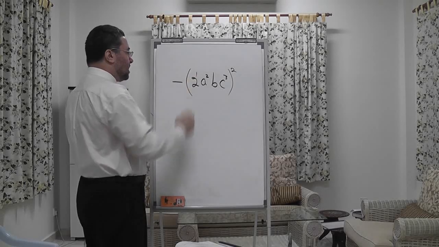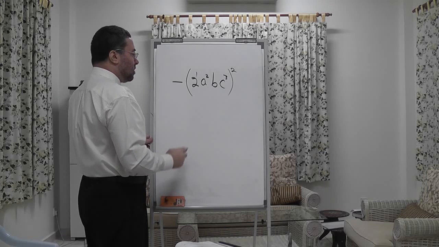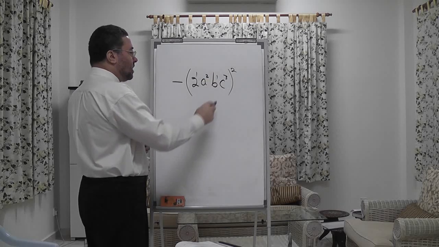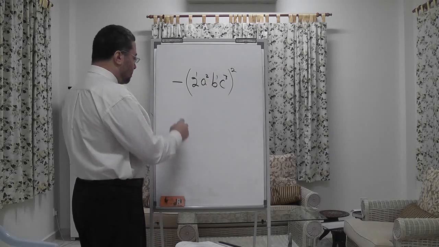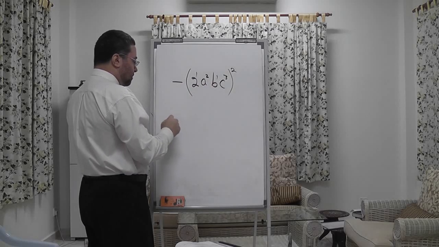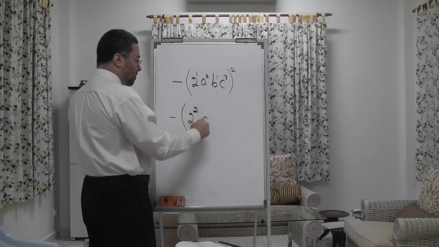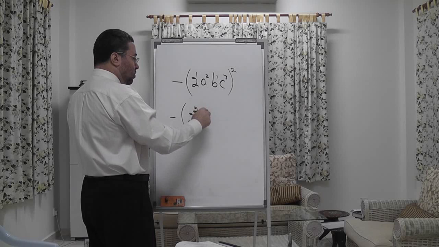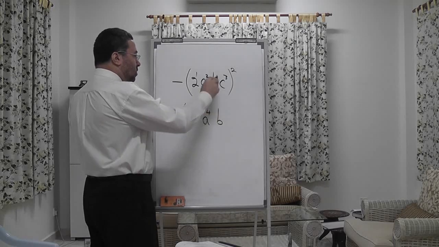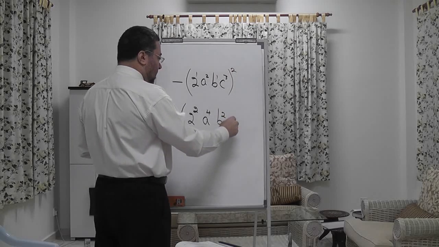The 2, which is raised to 1, the a raised to power 2 or a squared, b raised to 1, and c cubed. We are going to multiply all these powers with the power 2. So the 2 will be squared. 2 times 2, that's 4. b, 1 times 2, that's 2. And the c, 3 times 2, and that's 6.